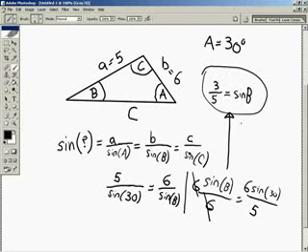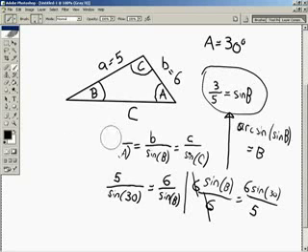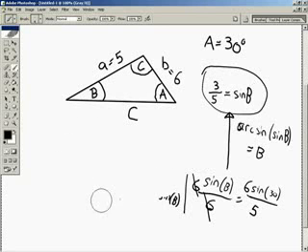Well, that's where that whole arc-sine notation comes in. Arc-sine of sine B will give you B. So, in your calculator, I'm just going to do a bit of erasing quickly to get some more space. It'll just take a second.